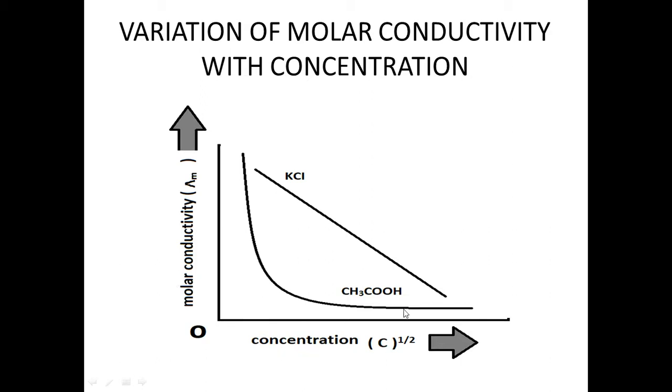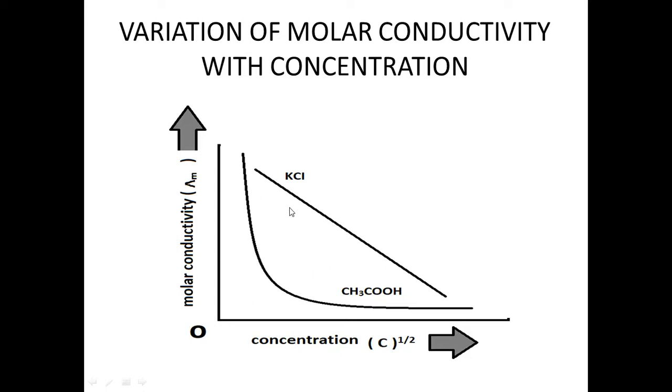As we increase the concentration, molar conductivity of both the strong and weak electrolyte keeps decreasing. But the decreasing pattern is different. KCl decreases following a straight line, while acetic acid shows a sigmoid or J-shaped curve.